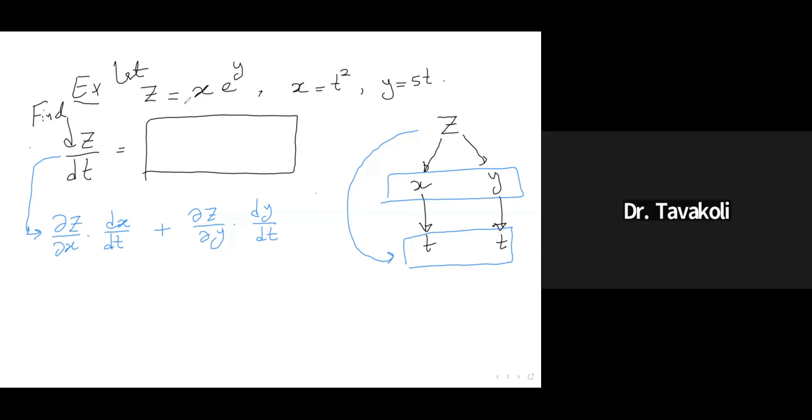With respect to x means that I assume that y is a constant. So e to the y is a constant. E to the y times x, the derivative with respect to x is just e to the y. So this is e to the y times the derivative of x with respect to t. X is t squared. The derivative with respect to t is 2t.